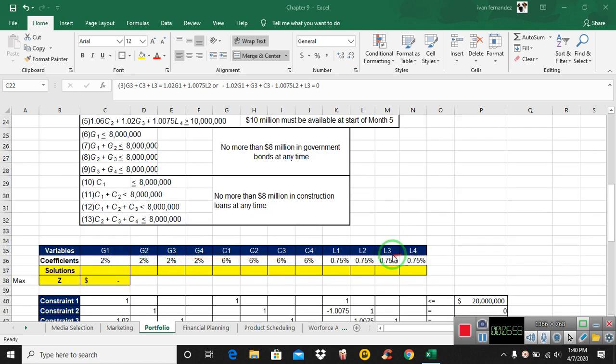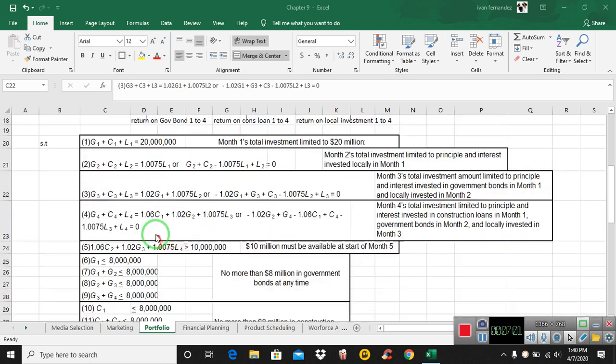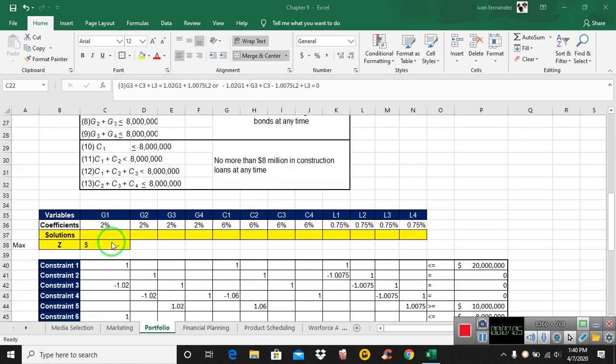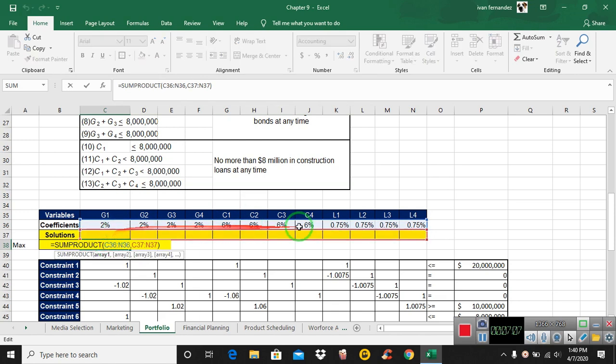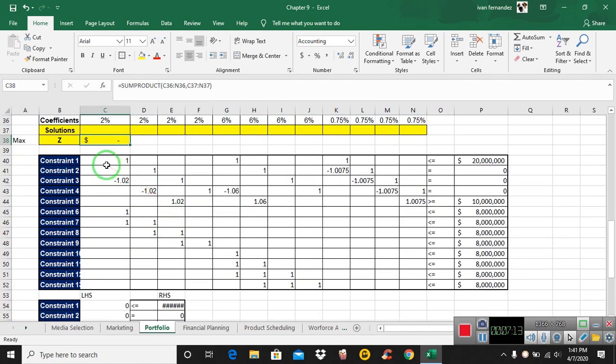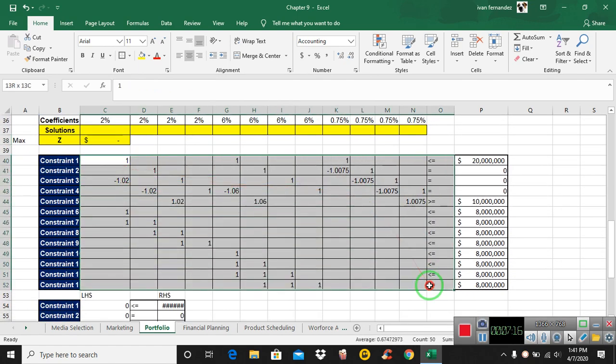Okay, so finally, you put it all together. We have our equation from up here. Okay, you check your Z, looks good. Then you enter all of this data down here, and of course you see how complicated it starts to get, right? You have your left-hand sides, these are your right-hand sides.